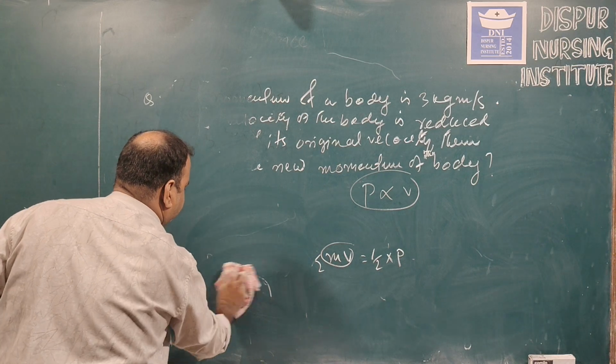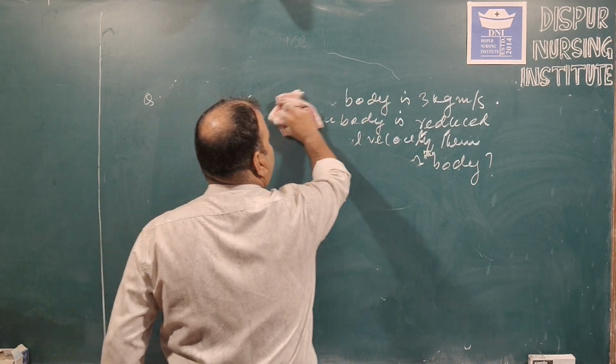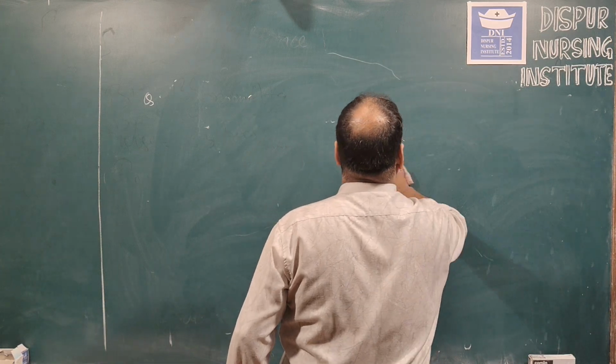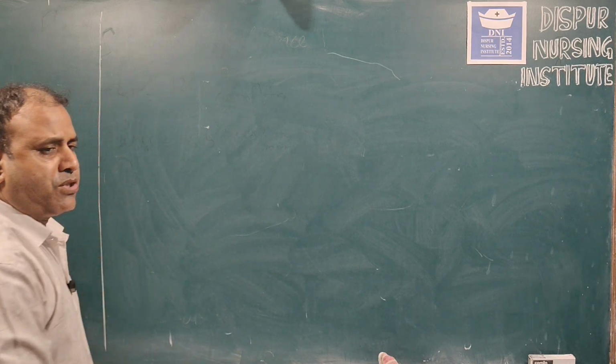So in this way we can easily calculate. Now see, suppose you are given one relation. From the given relations, how can we write the options?